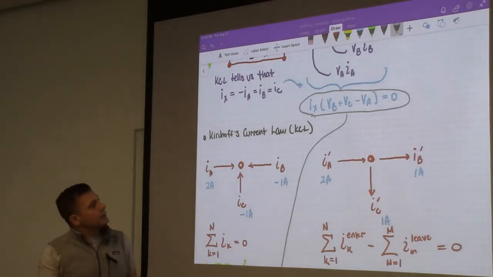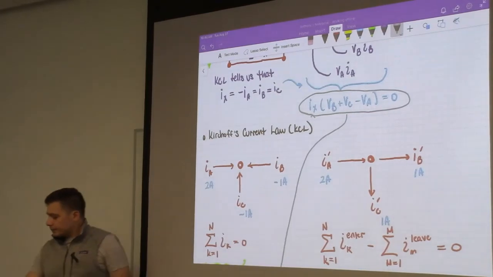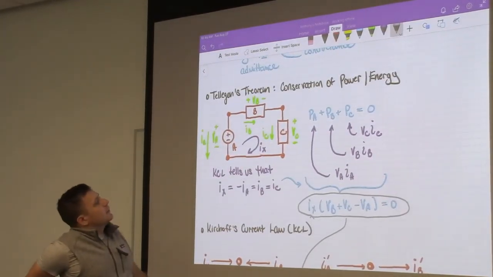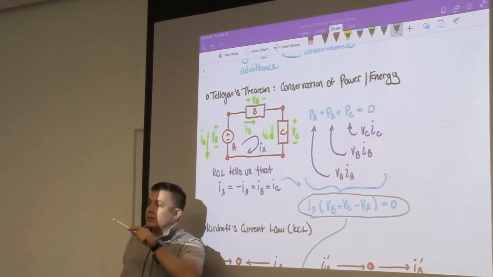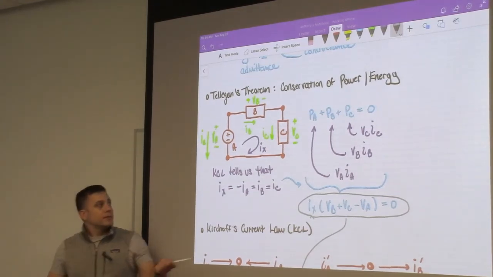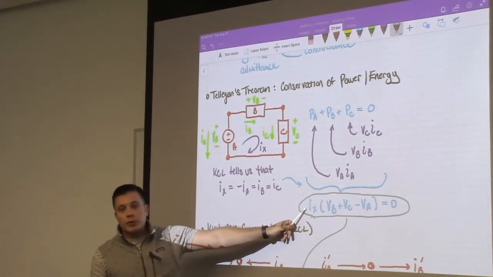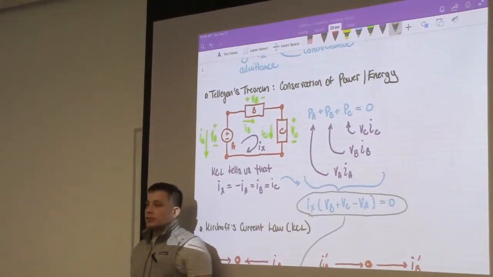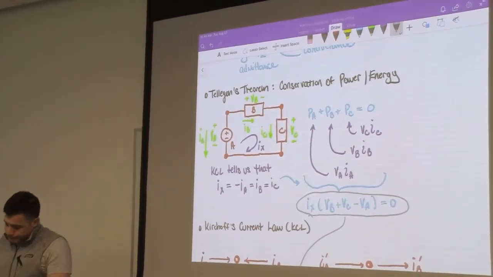So if you look at what it's saying here, Tellegen's theorem directly leads us to draw the conclusion that for a closed loop, all of the voltages must sum to 0. The powers must sum to 0. In a given loop, the currents must all be equal to one another. Therefore, the voltages must also sum to 0. And so that's what Kirchhoff's voltage law, KVL, is.